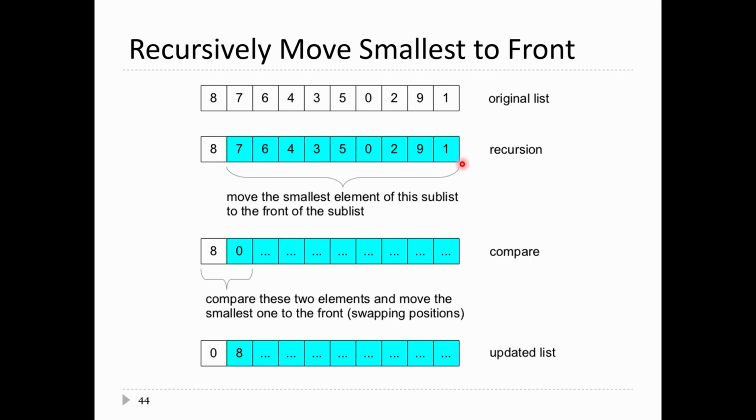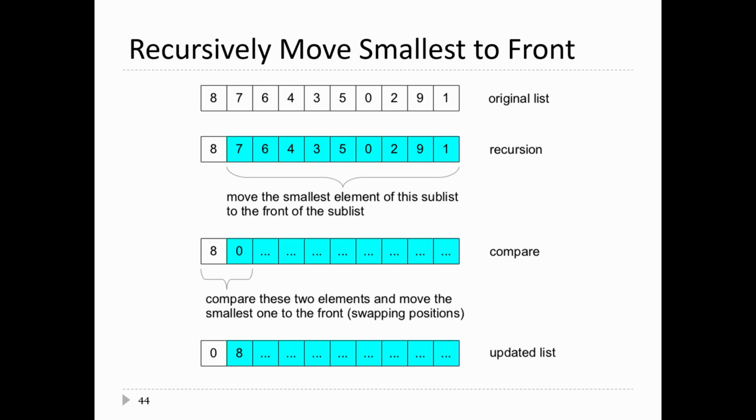So find the smallest element here, which is the 0. I'm going to move that to the front of the list, so the 0 is now here. I don't know what's happening to the rest of these elements, and I don't care. The numbers 1 through 7 and 9 are in those elements. I don't know where they are, or I don't care where they are. All that I care about is that the 0 ends up here.